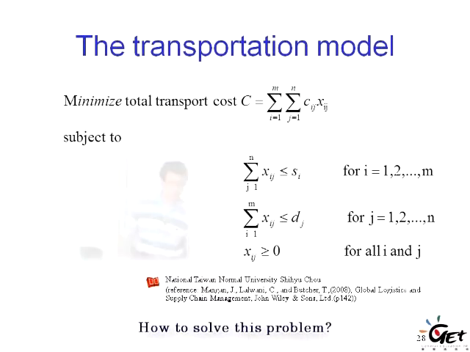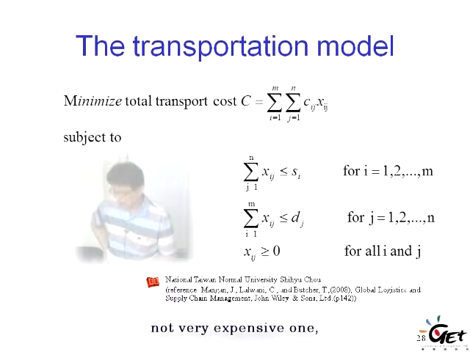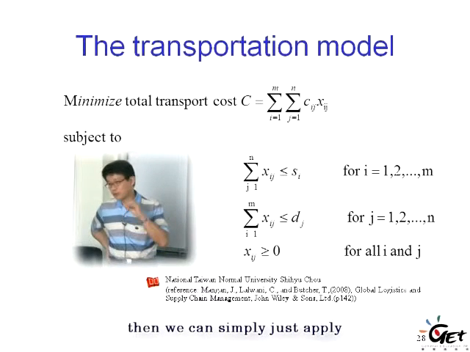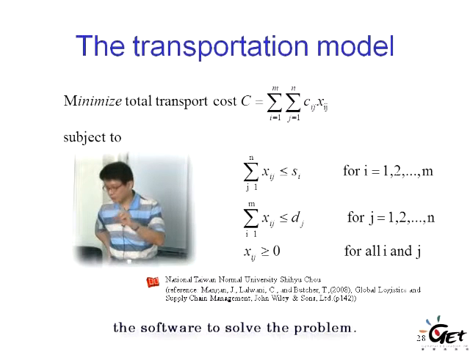How to solve this problem? Of course, behind the procedure there is some solution technique. However, we don't go into the details of this technique here. Basically, we can easily get software, not a very expensive one, and simply apply it to solve the problem.